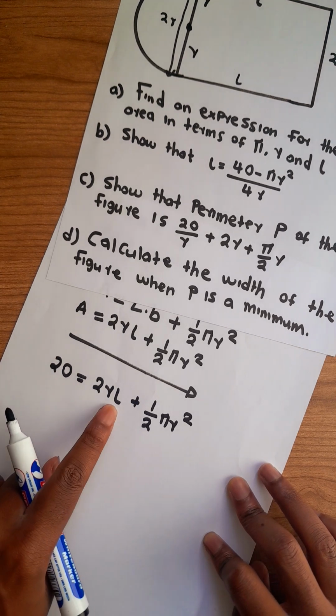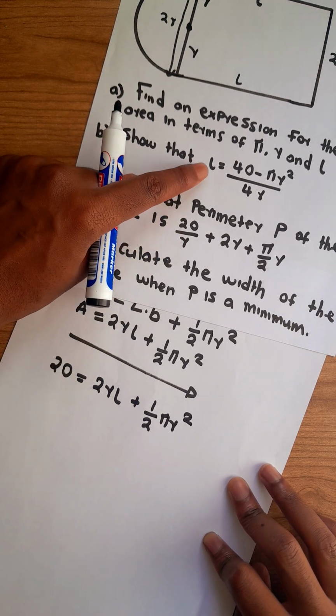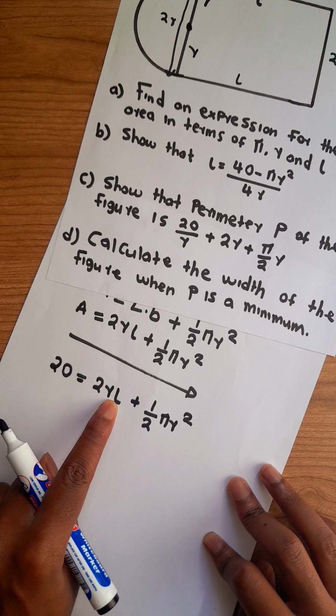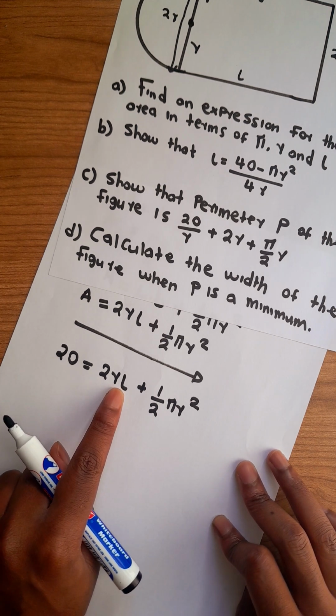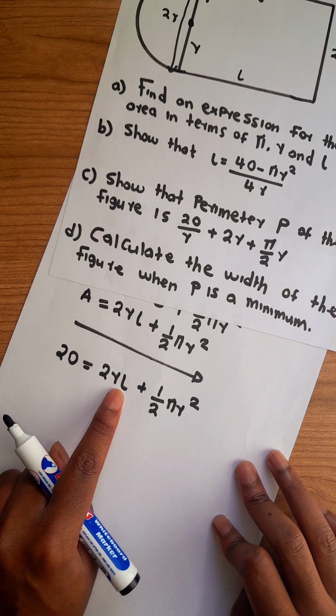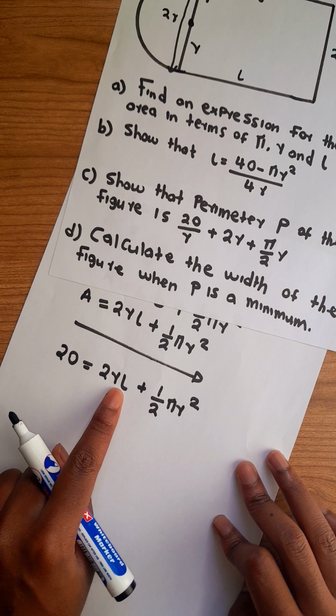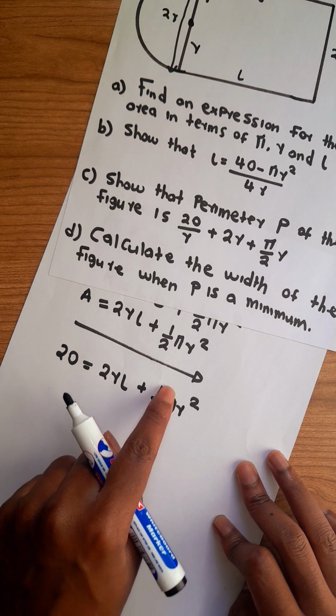Well, I want to make L the subject of the equation, just like what they have done here. So how can I make L the subject of the equation? It means that I'm just going to take this and put it to the other side.